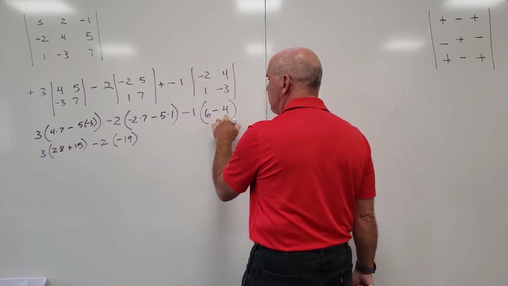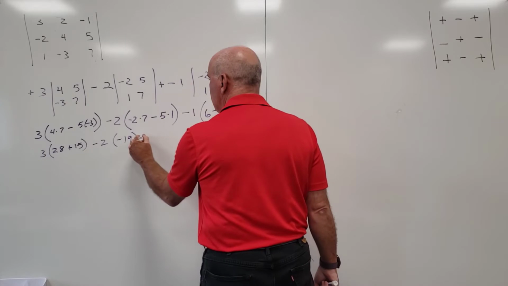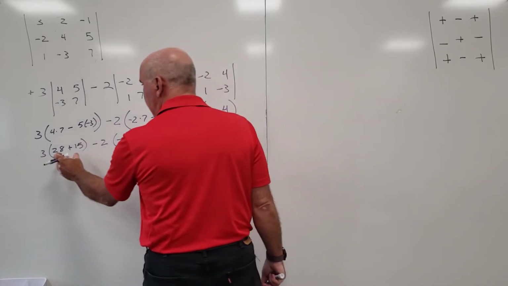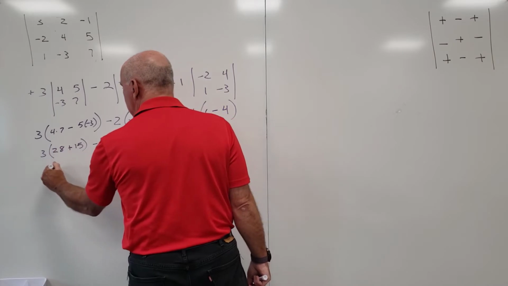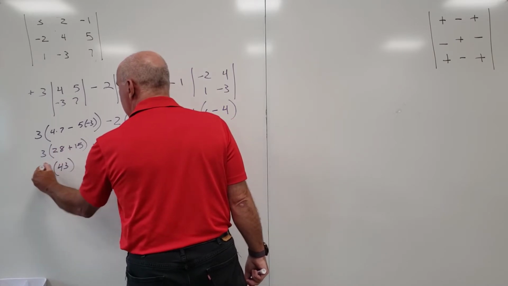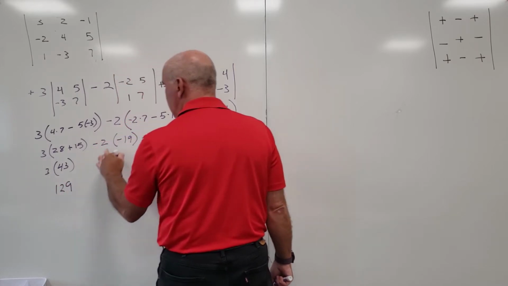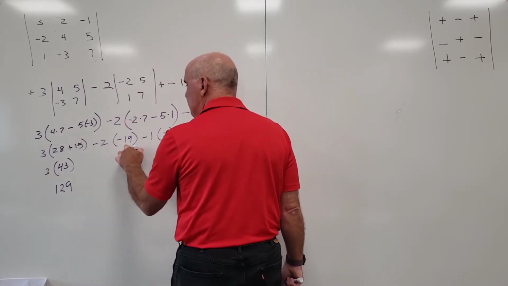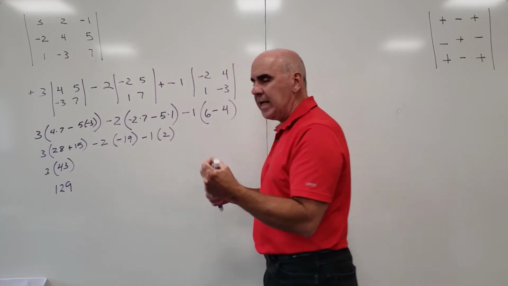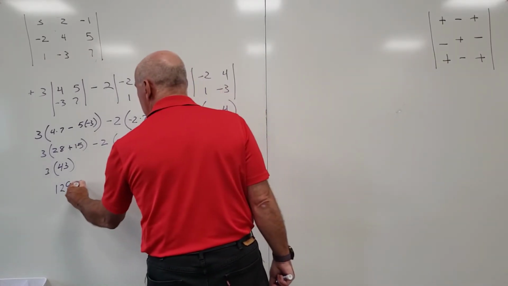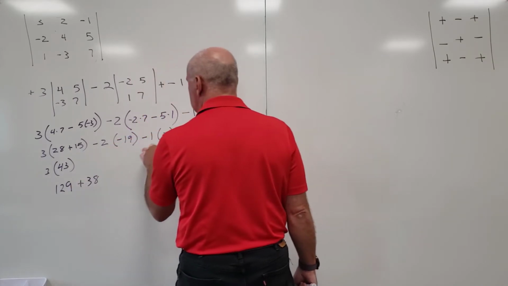And then 6 minus 4 is 2, so subtract 1 times 2. What do I get here? I get 43 times 3, so that's 129. Then -2 times -19 is positive 38. Plus 38, and then subtract 2.